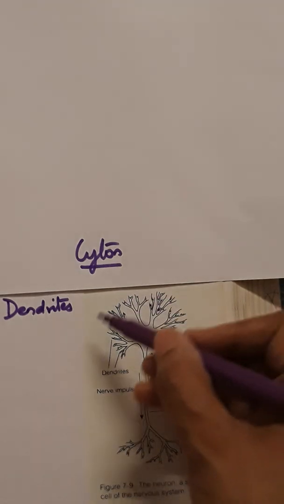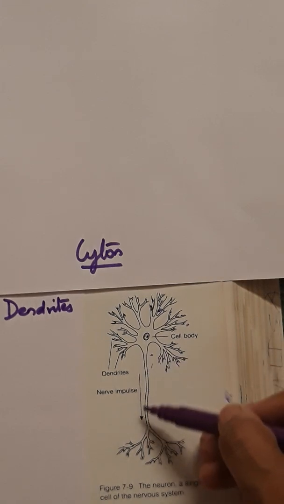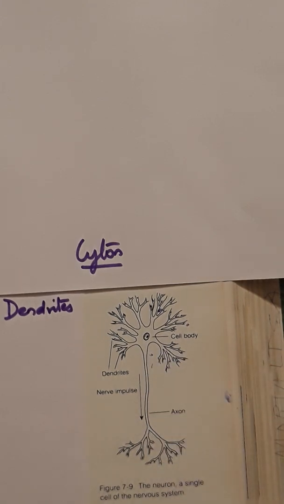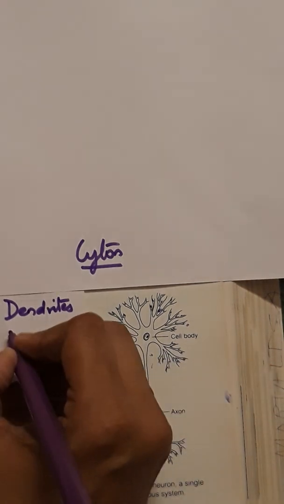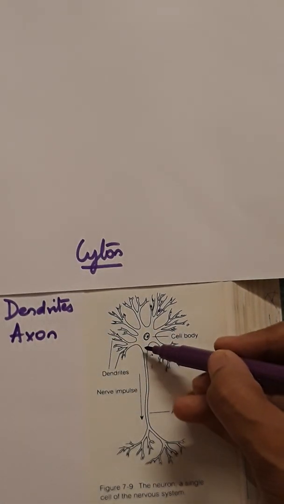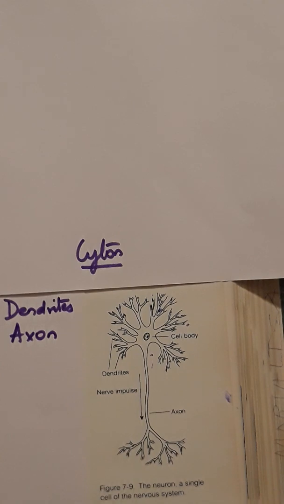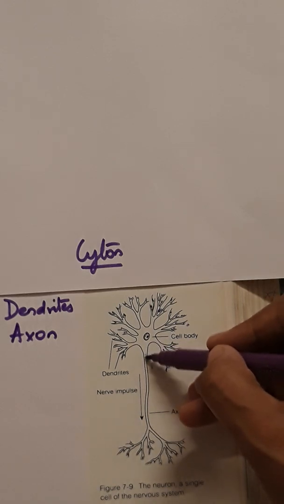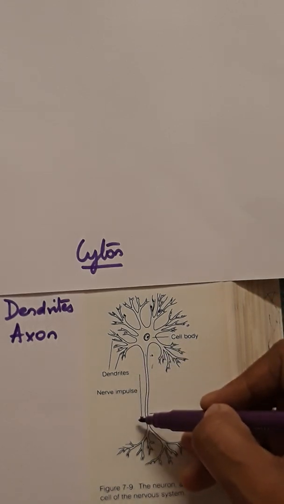Now, besides these dendrites, there is a single long process that you see here. This single long process is called the axon. Now, the axon is long, slender, and it conducts electric impulses away from the cell body. So, in this direction. See this arrow here pointing downwards.